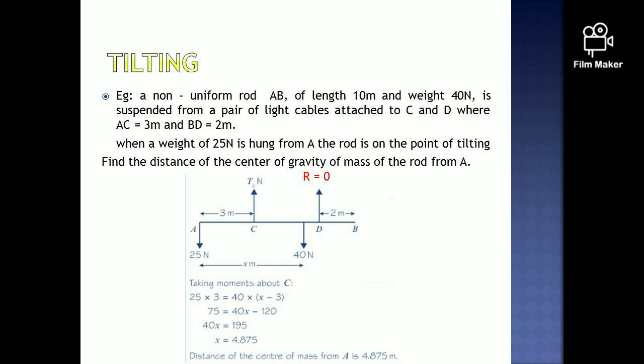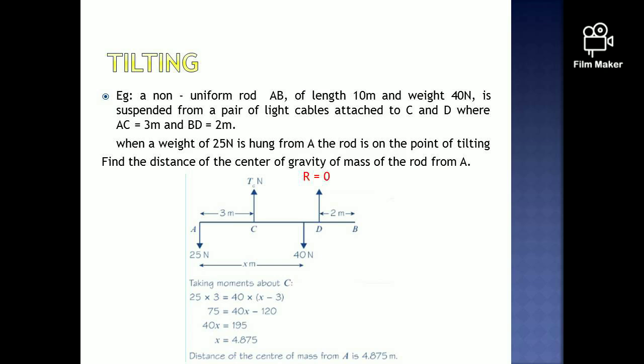Now children, if you hang a rod from two cables like this, and hang a weight from A, what you can understand is that if you increase the weight, definitely this will tend to tilt about one point. So how to understand this condition?